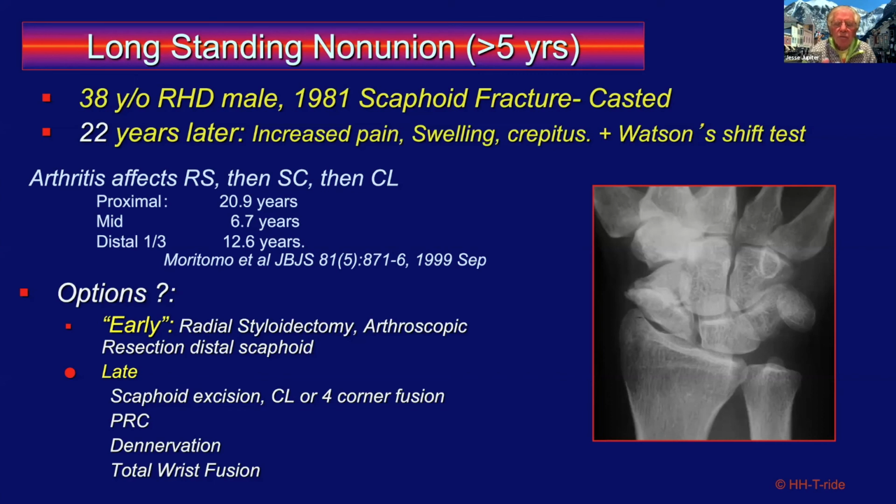So arthroscopically is helpful to judge that. Radial styloidectomy, excising the non-union distal component, and a scaphocapitate lunate fusion would be my approach. And then obviously there are other options late with PRC or four corner fusions. Yeah. This is just a couple images from this case, looking at it by arthroscopy.